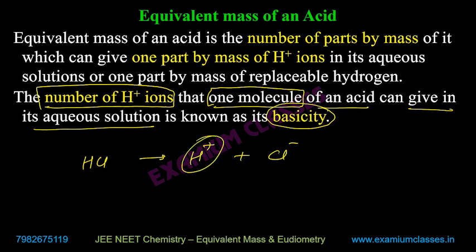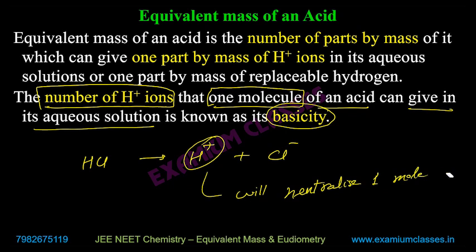So it gives one proton, one hydrogen ion. It means its basicity is one. Why? Because this will neutralize one molecule of a base, or you can say it will neutralize one OH ion. So it will neutralize one base. That's why basicity is 1. This is called basicity.